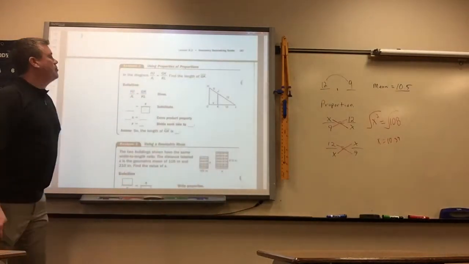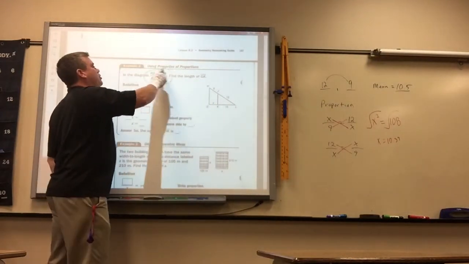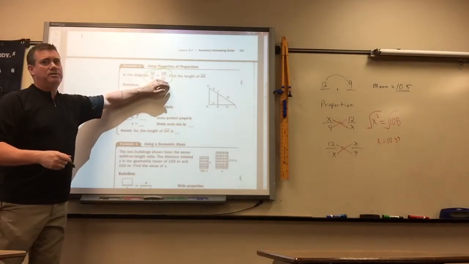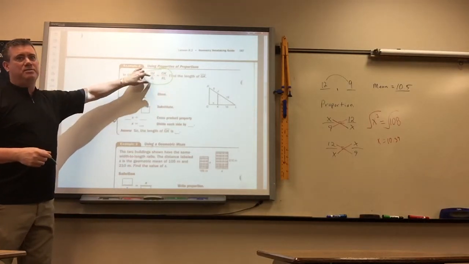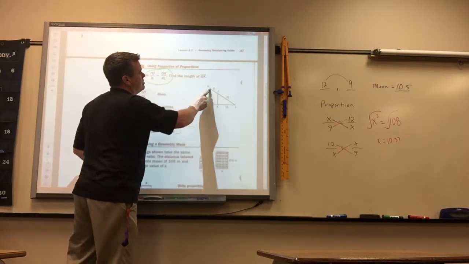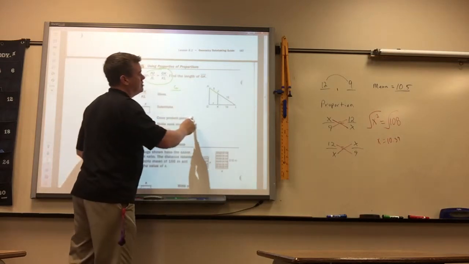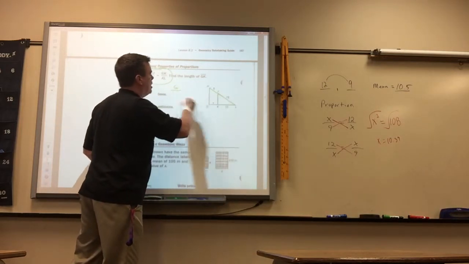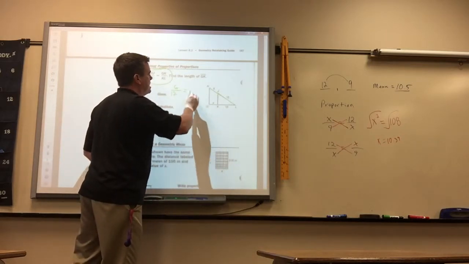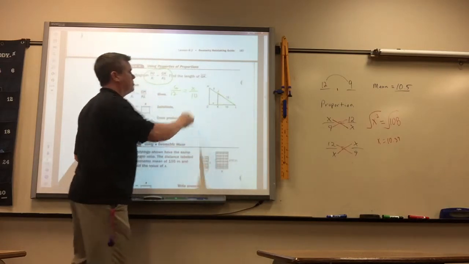Okay, in this picture right here, they give you the proportion. They tell you what you can put in there to solve it. So this says HJ, which is 6, over JL, which is 12, equals GK, which is X, over KL, which is 10.